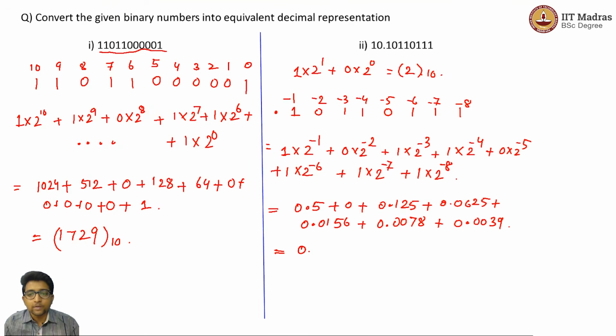So this value will come to something around 0.7148, right? So this is the value of the fractional part converted into decimal. Now again you see the total number. What will be the total number? The integral part, which was 2 over here, and the fractional part, which is 714.